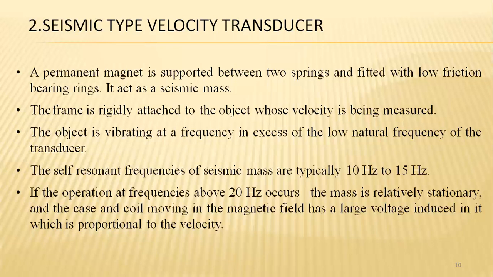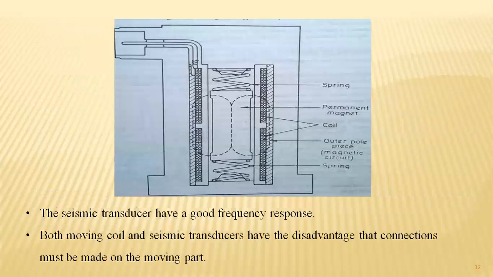And the case and coil, which move in the magnetic field, have a large voltage induced in the coil, which is directly proportional to the velocity of this particular movement. It relates towards the velocity measurement.